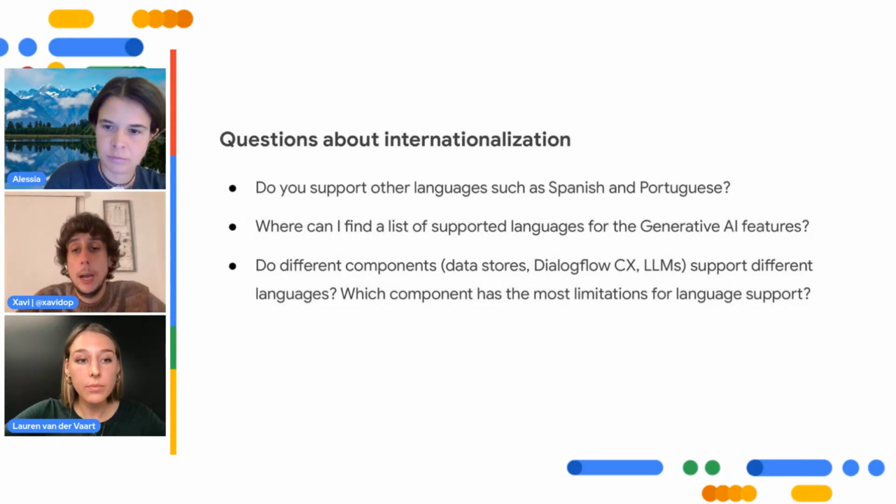So go to the Dialogflow CX documentation, where you will find links that will guide you to know if your language is supported or not for these Gen AI capabilities, basically.